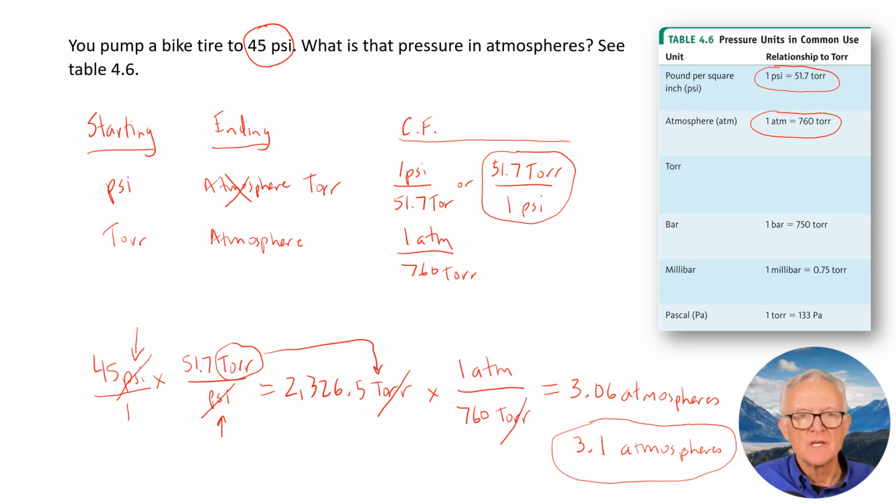It's what we experience at sea level. 1 atmosphere of air pressure at sea level is about 14.7 psi, or around 15. So here, if I have 45 psi and I divide that by 15, I get 3, and that's about what my answer is. So looks like I'm good, and I'll move on to the next problem.